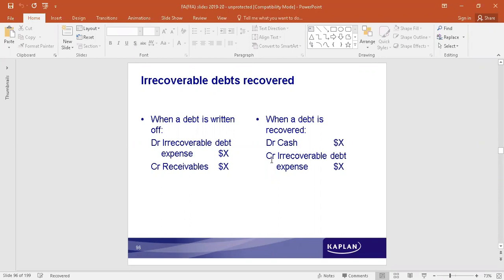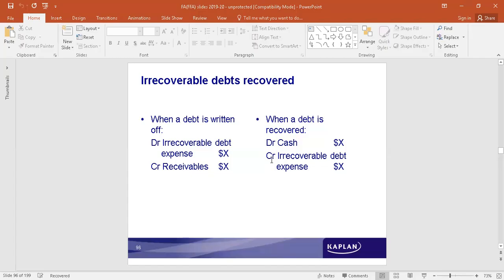In this case, since there is no receivables account, we cannot bring the receivables account into the picture. Because the customer is paying back, cash is coming in: the journal entry will have the cash account debited, what comes in. Now a new entry is passed with the irrecoverable debt expenses account. It would not be on account of receivables, as receivables is no longer in existence.